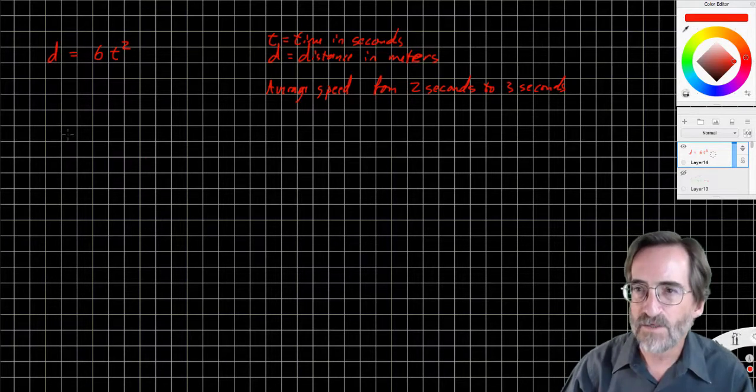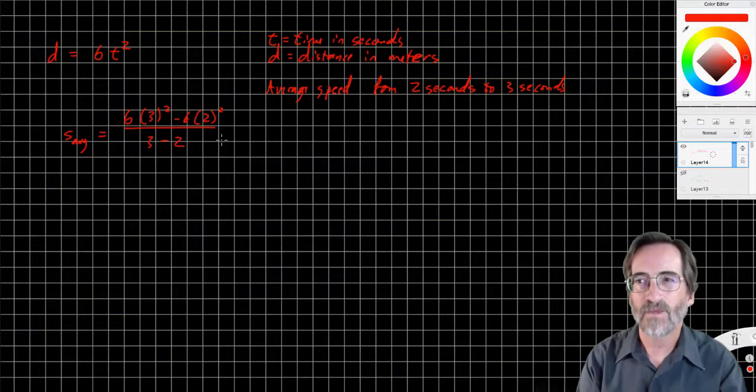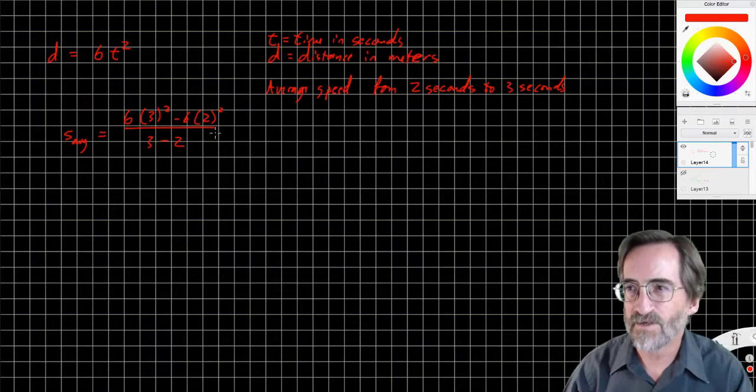In which case you do this. The average speed is 6 times 3 squared minus 6 times 2 squared, divided by 3 minus 2.